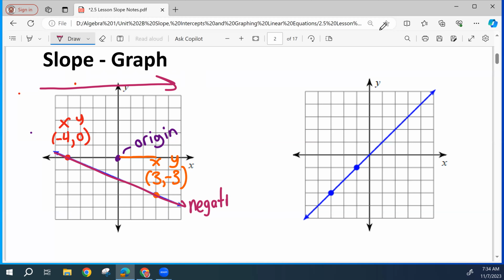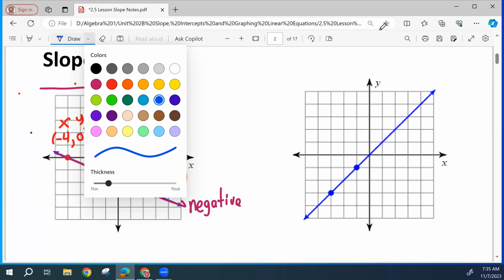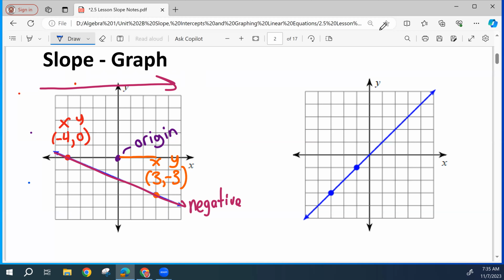So when we report a number that tells us our slope, it should be negative. We have lots of different formulas for slope. One that we can use here is the change in Y over, as a fraction, the change in X. The letter we use to represent slope is lowercase m.